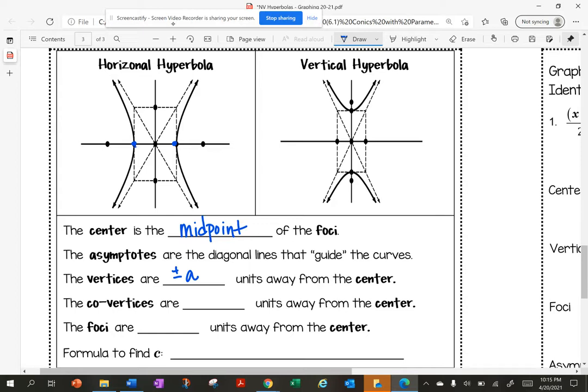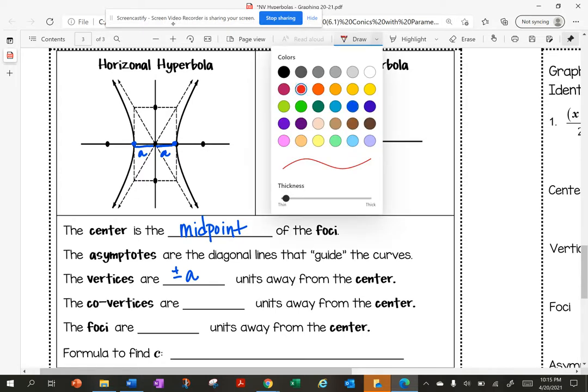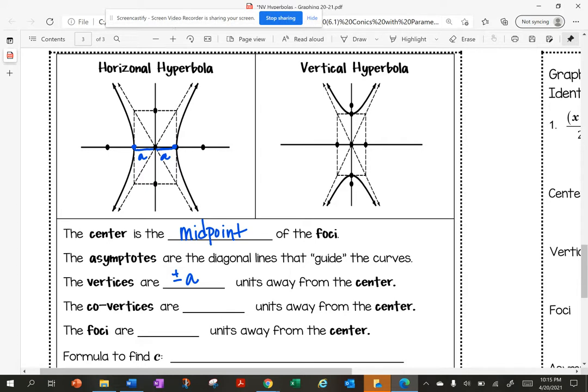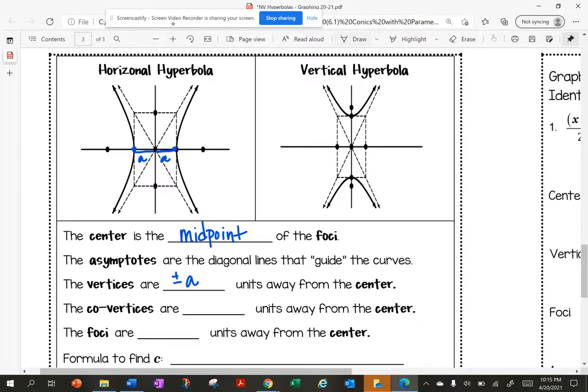So A is from the center to the vertex. The co-vertices are plus or minus B units. Here we go. Plus or minus B units from the center. So here are my co-vertices.